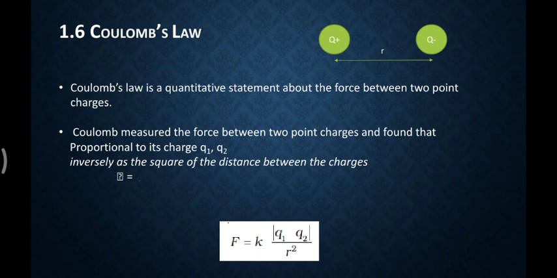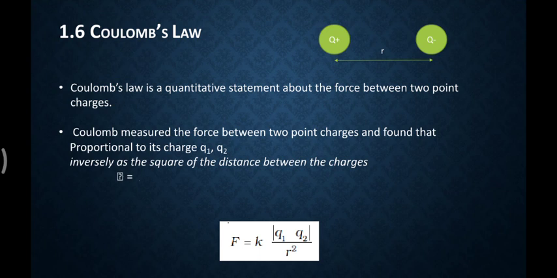In the figure, I am showing the charges very large for simplicity, but actually they are very small, like electrons and protons, separated by a very large distance. Then these two charges are treated as point charges. The force between them is described by Coulomb's law.